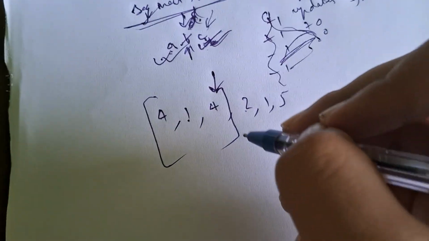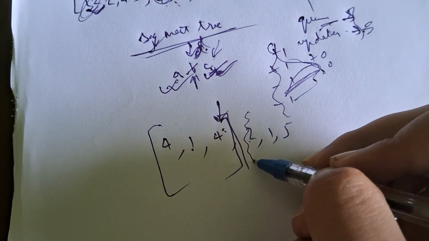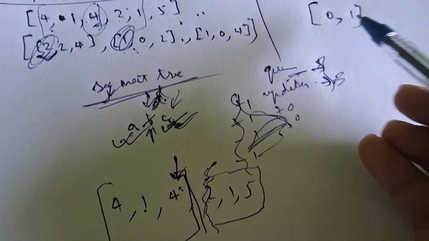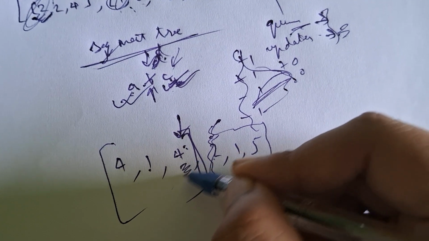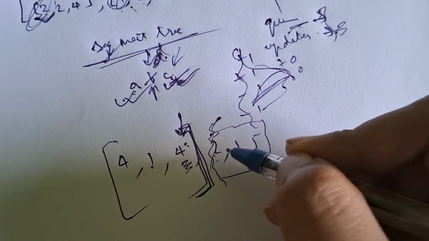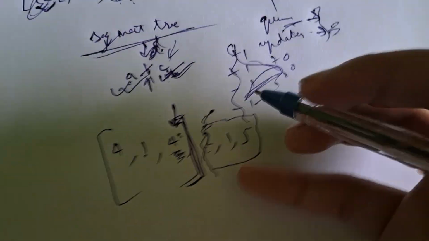But since in this query you have to find just for 0 1 2, you can't consider these elements. That is the reason the answer was 0, not 1, but 4 is a peak element. Since we are getting access only till the second position, we can't make this 4 a peak element. How are we going to manage it?